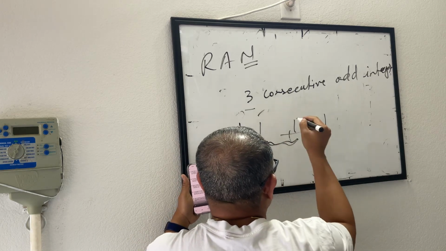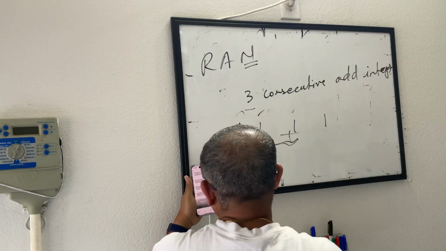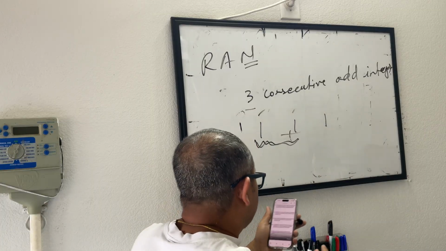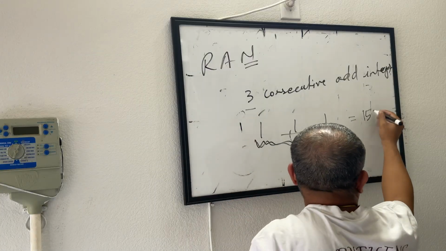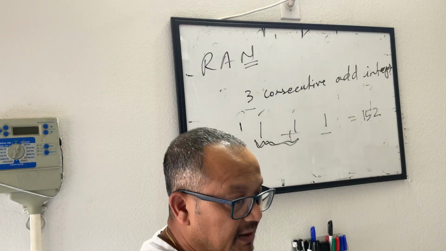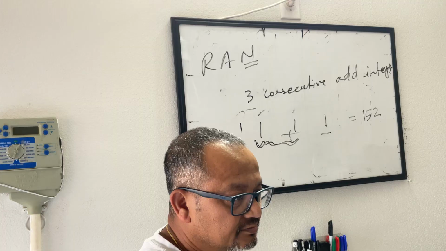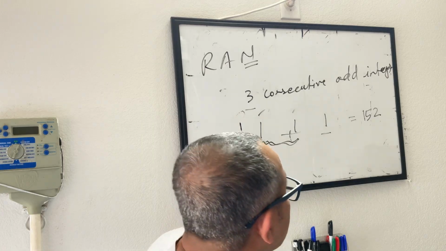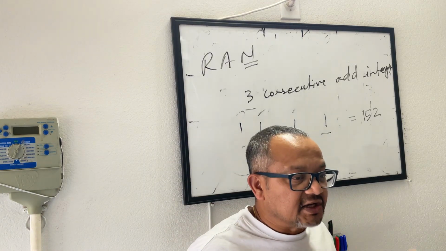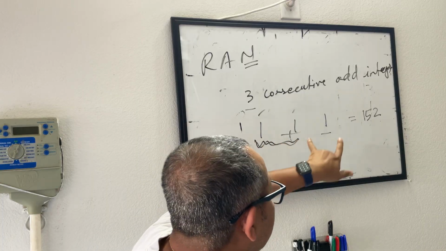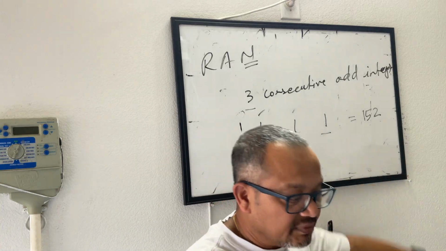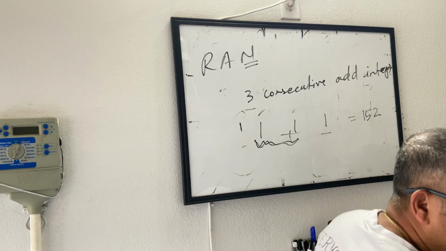You take first, twice of that, second, twice of that, and 3 times the third one is equal to 152. Everybody heard the question? Find out 3 consecutive odd integers such that sum of twice of first and second and 3 times the third is equal to 152. Yep.